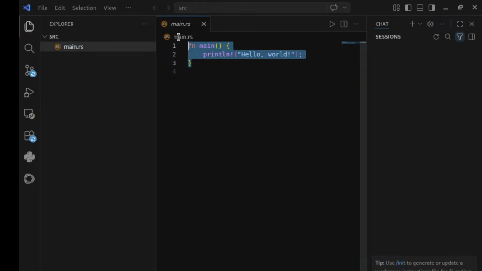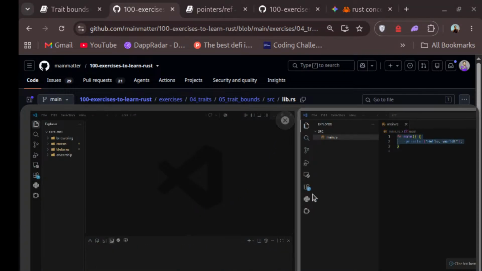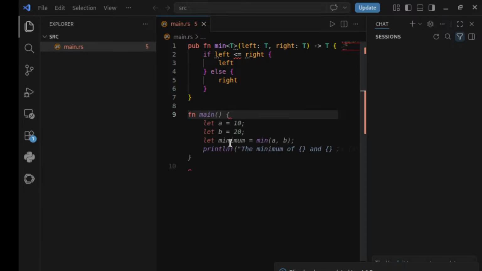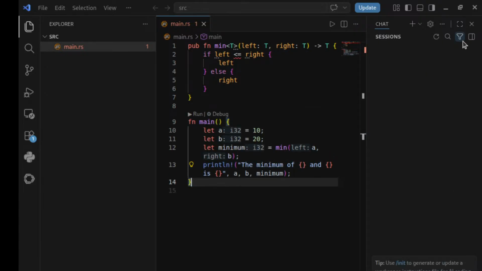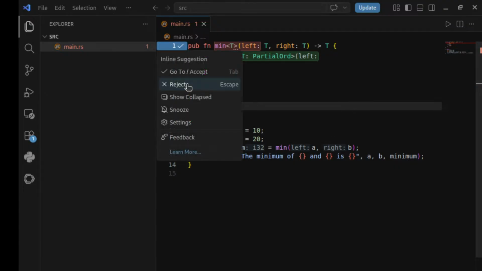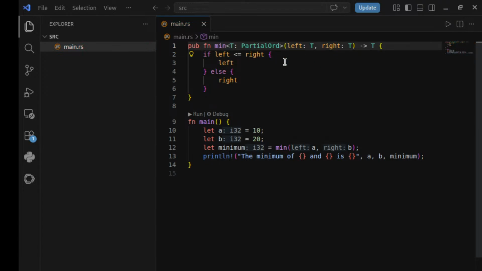Okay, so we will use this main function. Here the AI suggests PartialOrd.